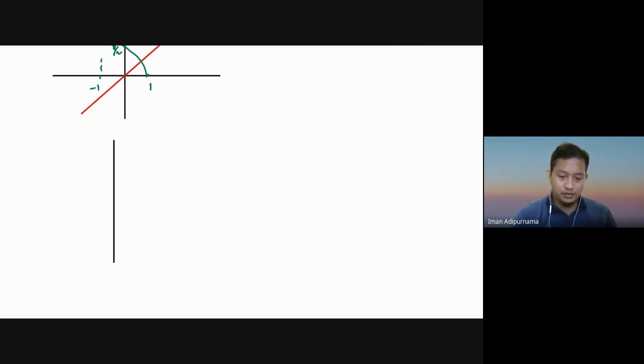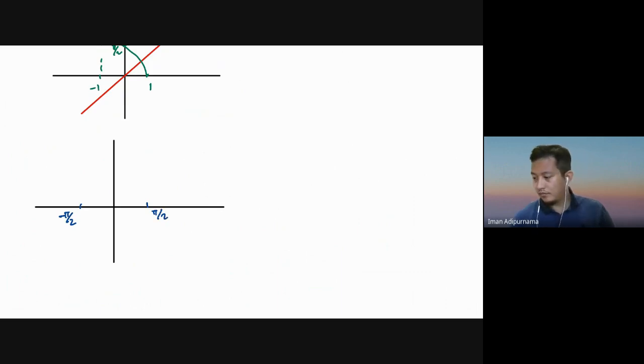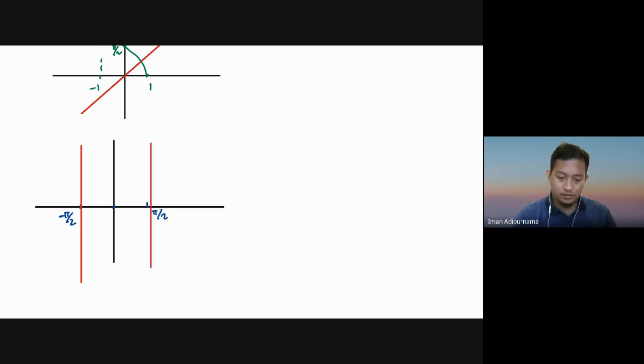We have the tangent. Okay, if you remember the behavior of the function for tangent, we have the infinity, right? From here to here. And from 0, and then let me make the asymptote with red color. Asymptote 1, asymptote 2.